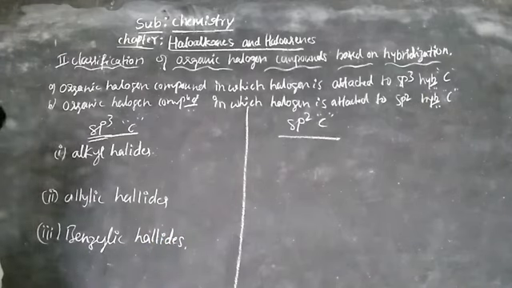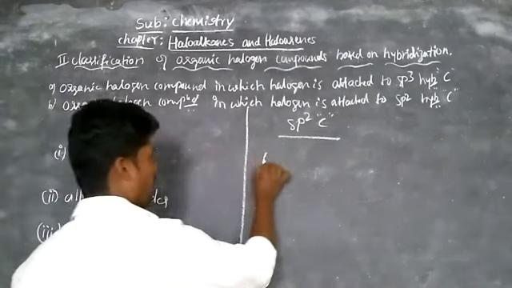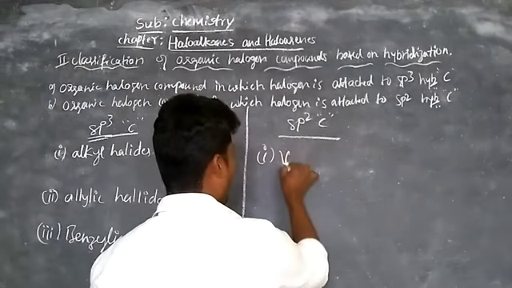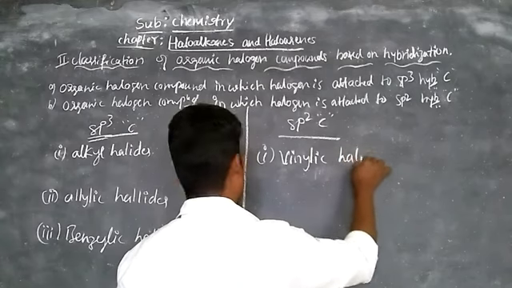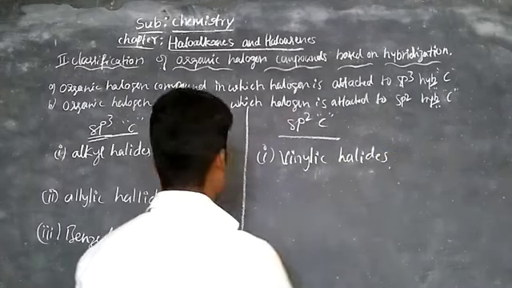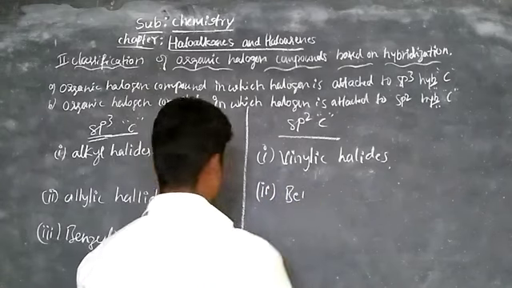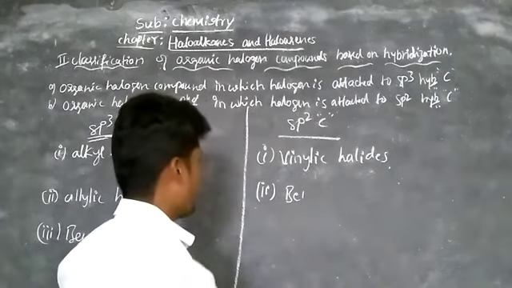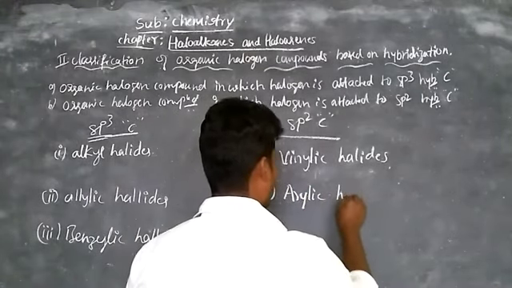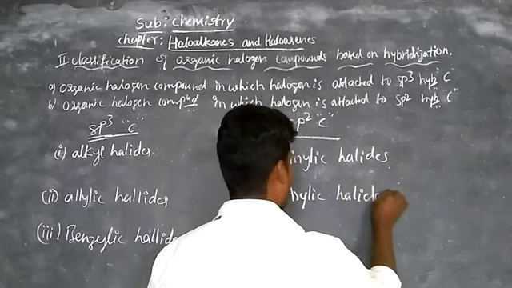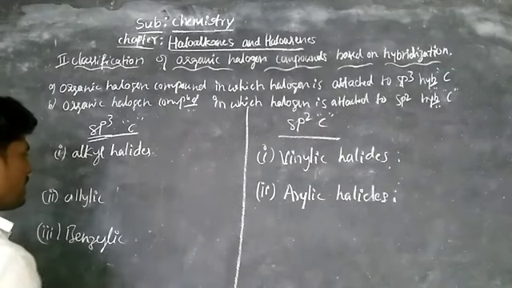Similarly, this sp2 hybridized carbon is also classified into two types. One is vinylic halides, then the second one is aryl halides. These are the classification of halides.